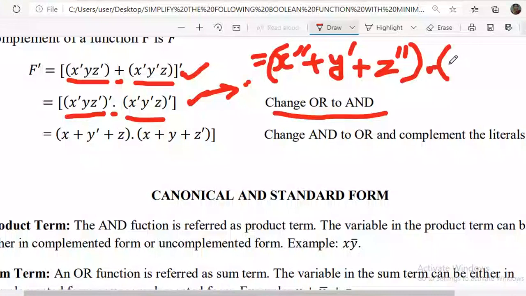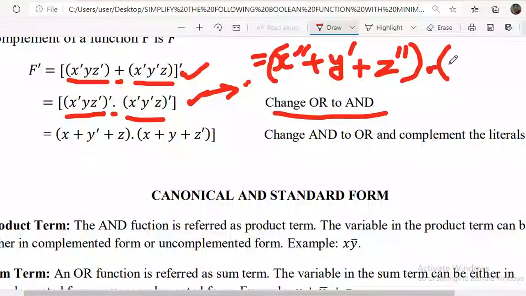Now after this, if I have any variable with double dash, then it will become the variable itself. A is any variable.